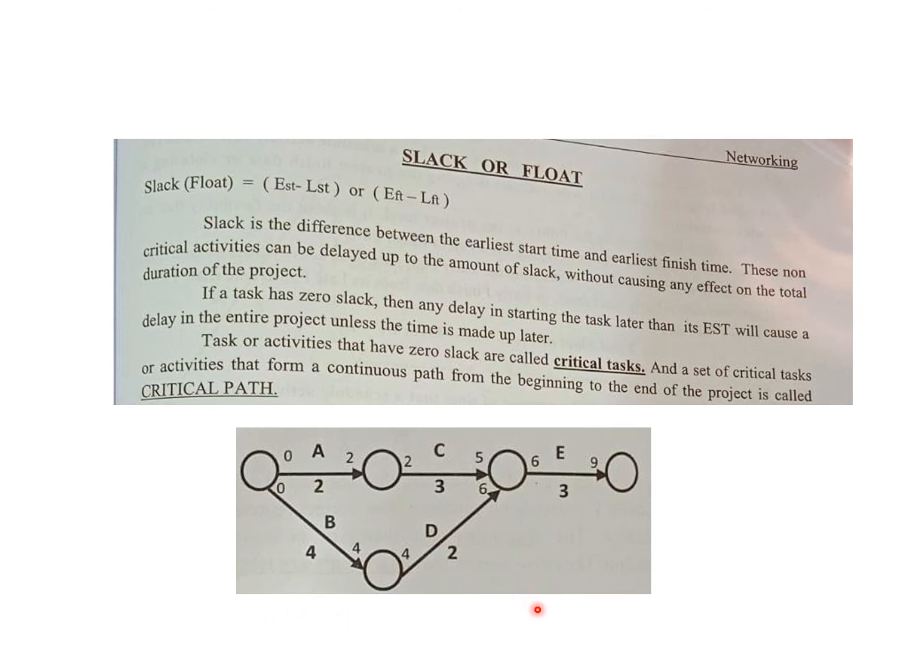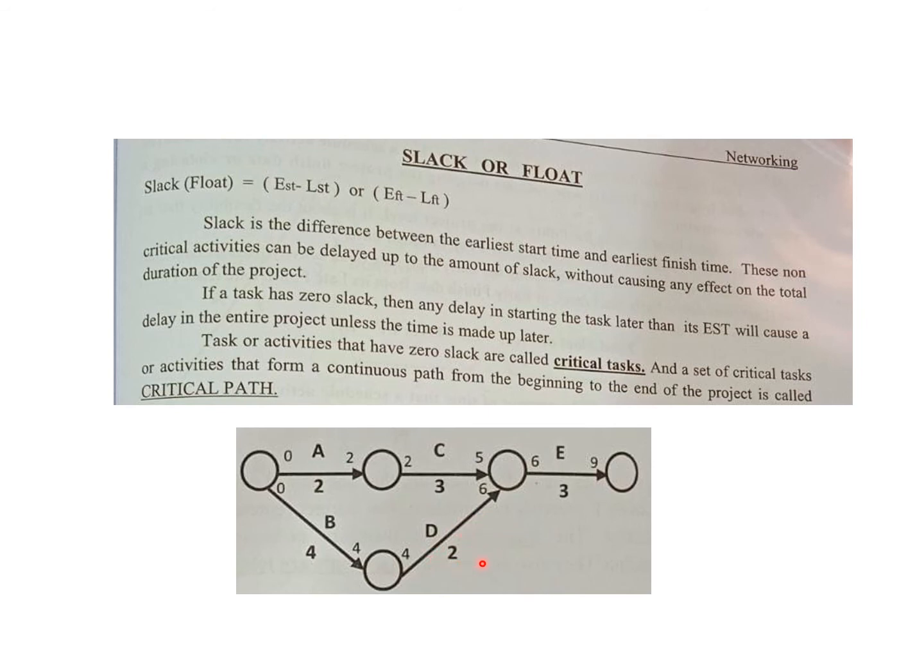So in case there is a delay in the critical path, let us say in this particular critical path there's a delay in B, and instead of taking 4 days, somehow it takes 5 days. It can be made up in D if we finish it in 1 day instead of 2 days, if that is possible at all.